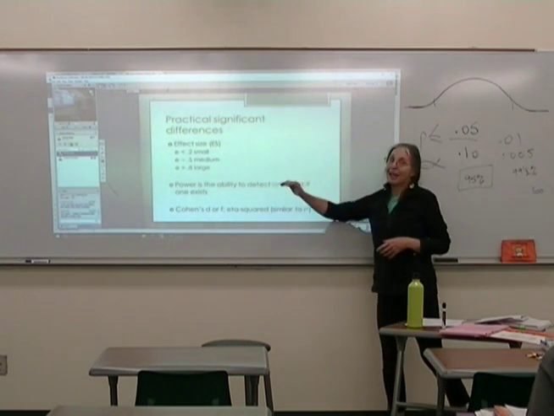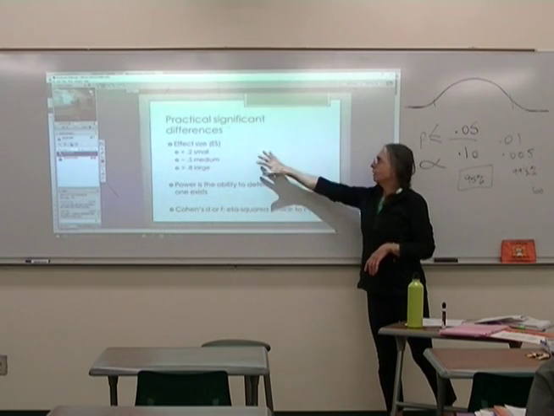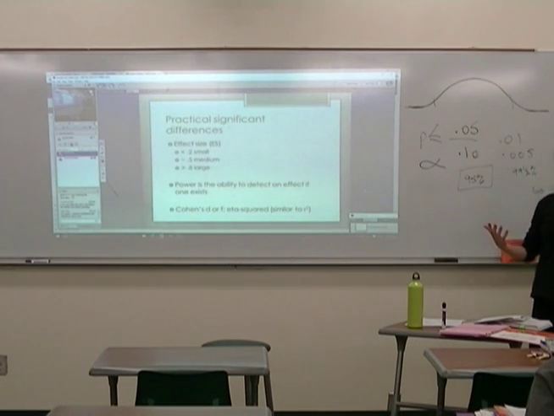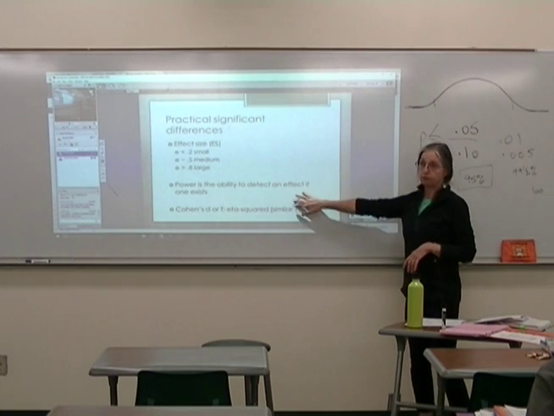So the more power the study has, the greater ability there'll be to get a big effect size if one exists. Can I detect an effect size? The more power I have, the more likely I am to see if an effect size exists.